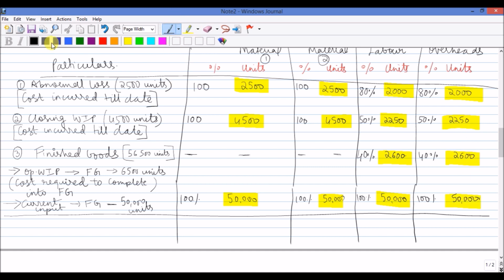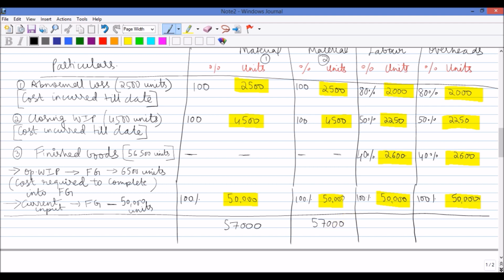So I will get the number of units. 2,500 plus 4,500 plus 50,000 is 57,000 units.